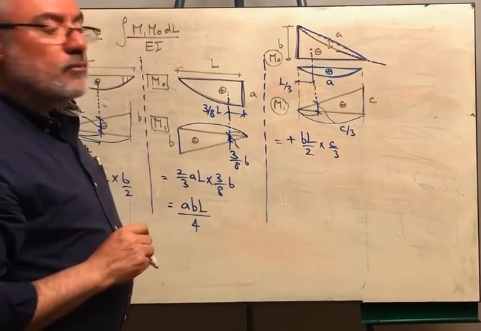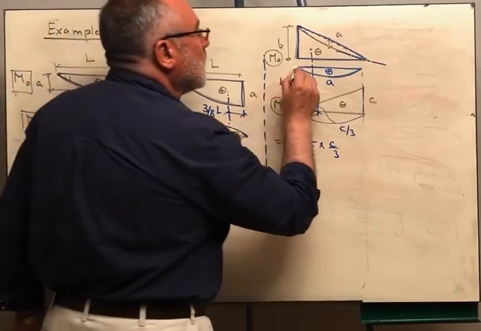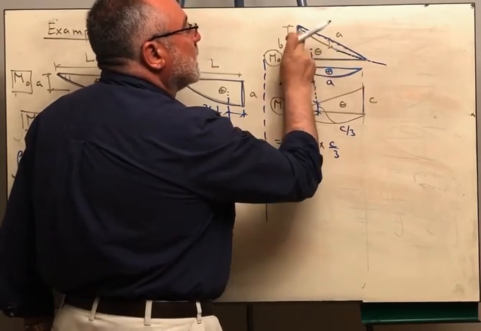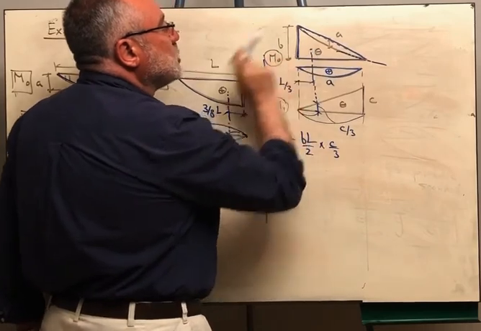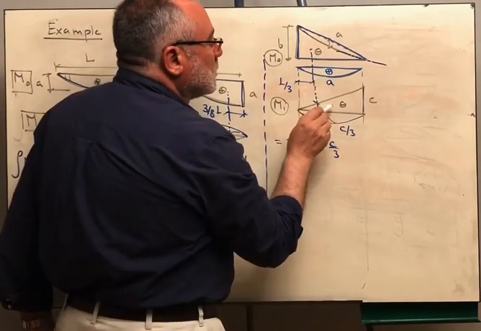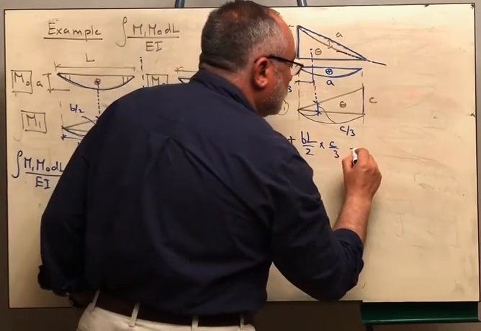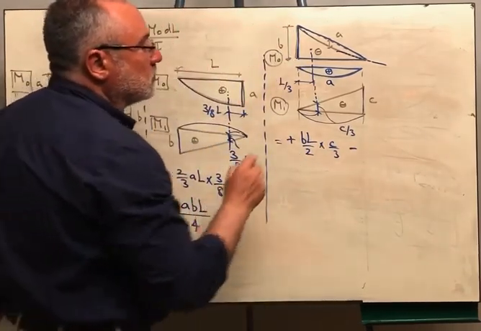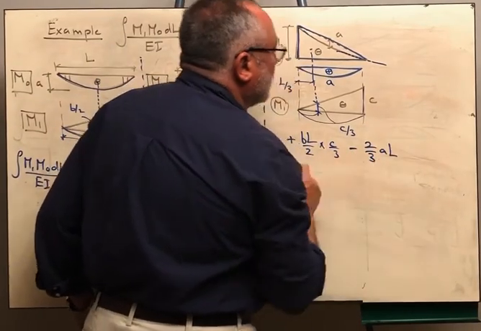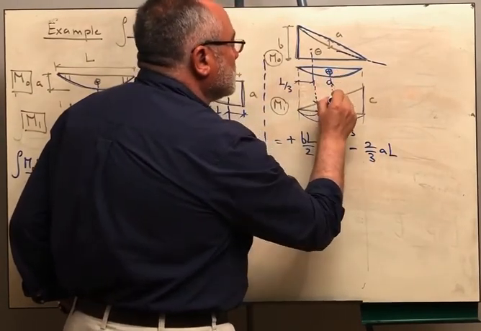But what is the other component of the M naught diagram? It is the parabola. Because if you add the parabola to this triangle, you get the original shape that is given to us. Now the parabola is positive and the triangle is negative, so you need to subtract. The area of the parabola is 2/3 A multiplied by L, and the centroid is in the middle.